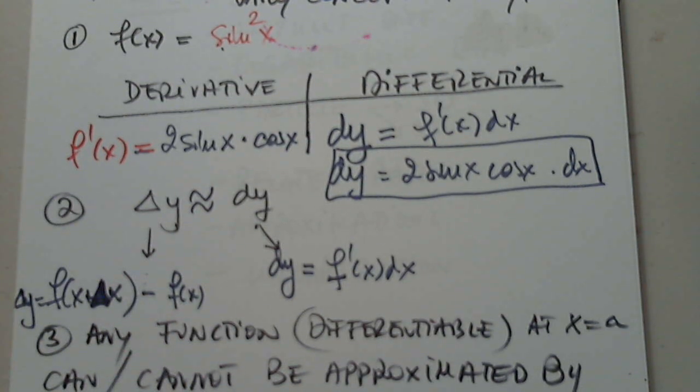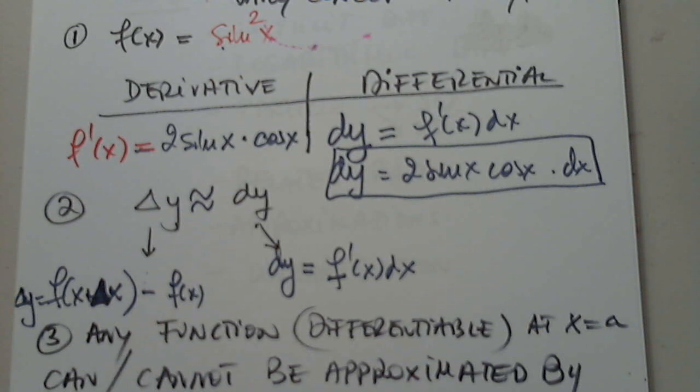Any differentiable function at a value, can or cannot be approximated by a line, meaning the tangent line at that point near a? So the function is differentiable, of course, continuous, no cusp, etc. So it's differentiable at that point.